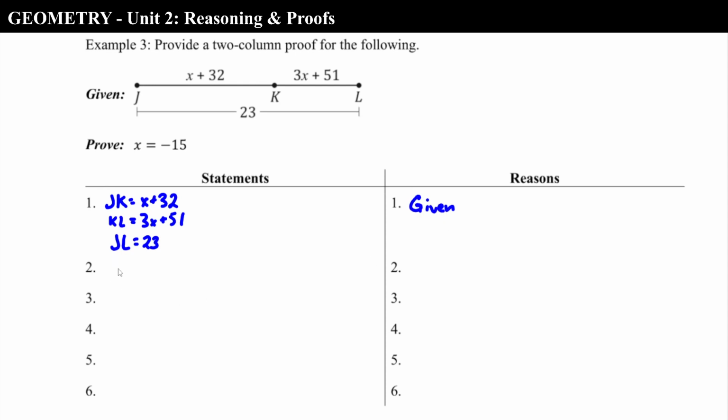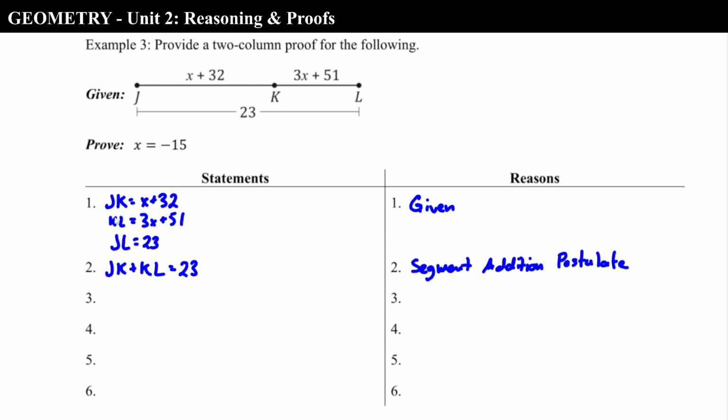Now for number 2, JK plus KL equals 23. And you'll notice this is very much how we started the last one. As you do more proofs, you're going to start to see themes, things that look familiar. And that comes with just doing practice.